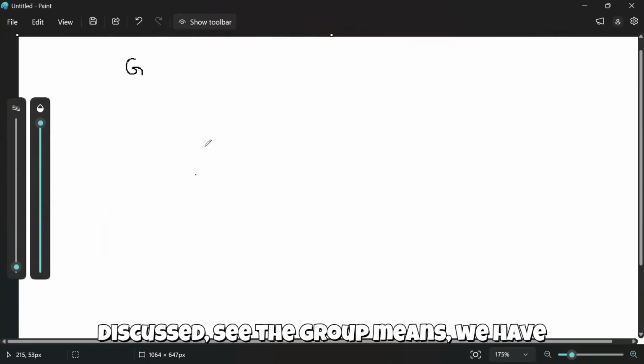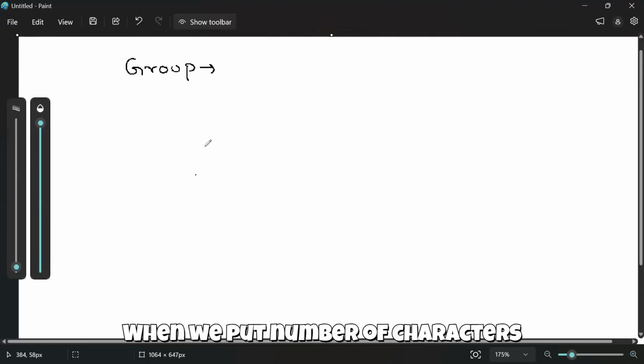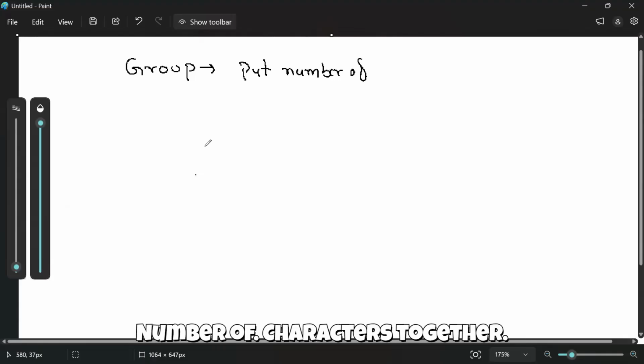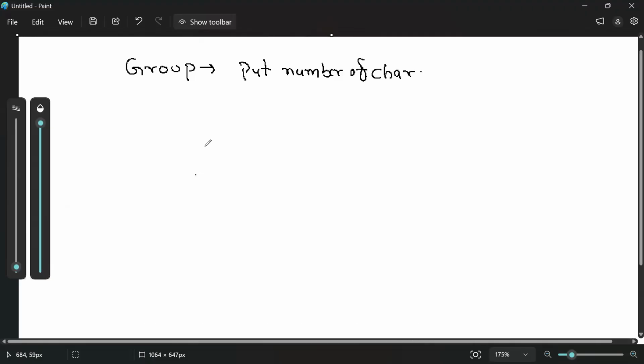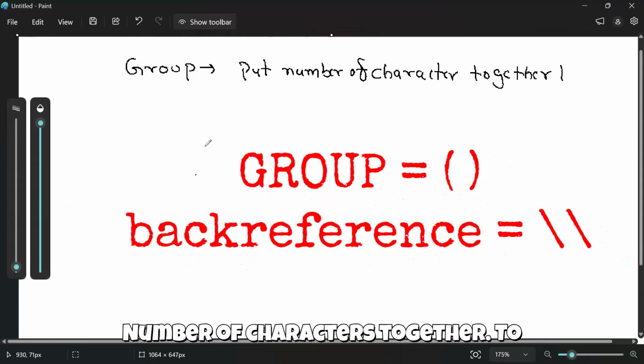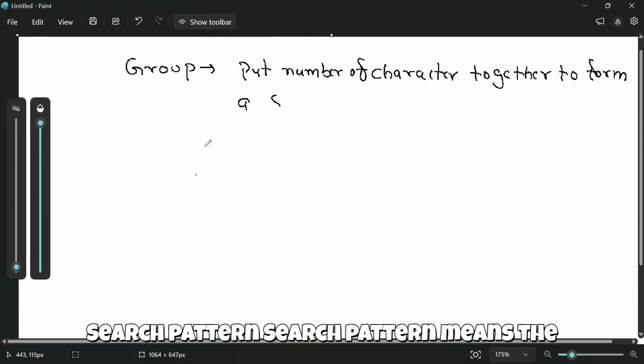See, group means, we have already discussed, when we put a number of characters together to form a search pattern.